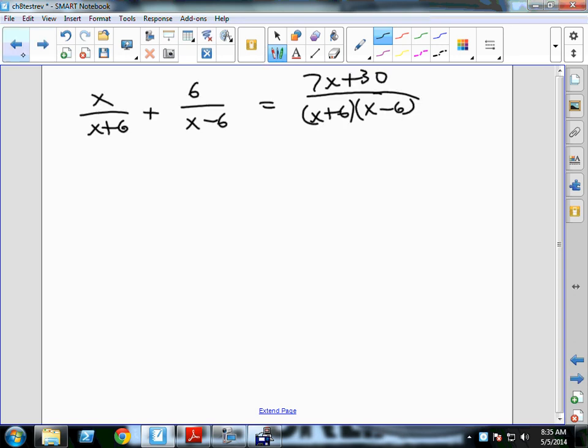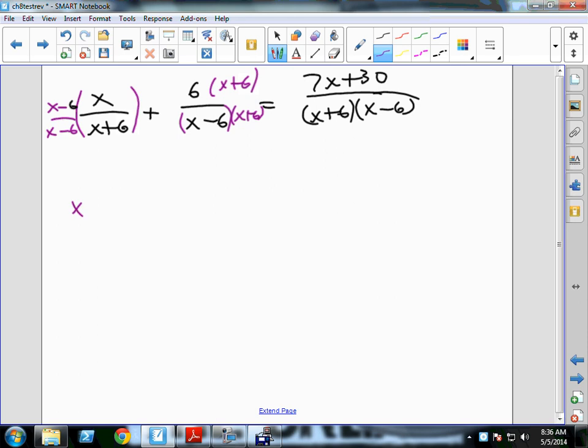So here we go. On this one, what I am going to do is multiply this fraction by x minus 6 over x minus 6, and I'm going to multiply this fraction by x plus 6 over x plus 6. And when I do that, what's going to happen to my denominators? The denominators will all be the same, right? So the denominator is going to go away.